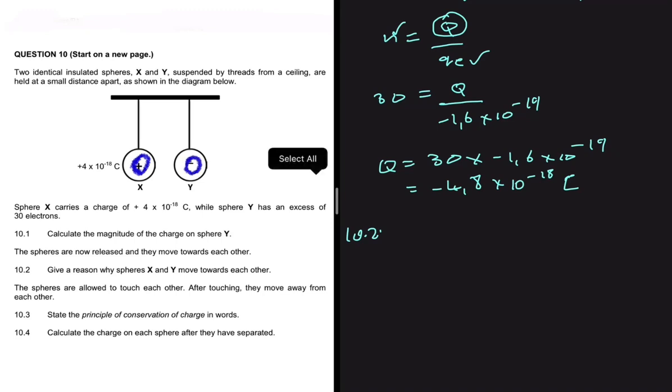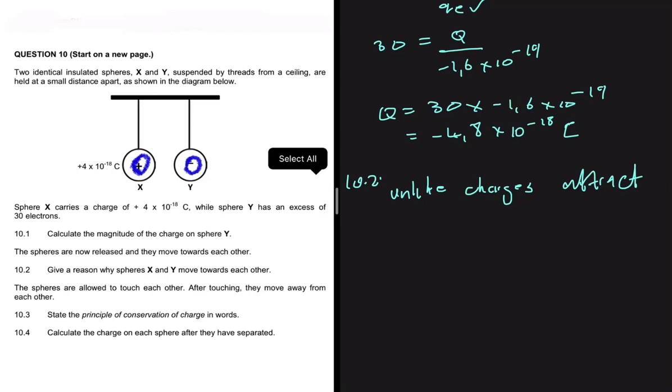We know full well that unlike charges attract. So the reason X and Y are going to move towards each other is because unlike charges attract. If they were like charges, they would move away from each other because like charges repel.